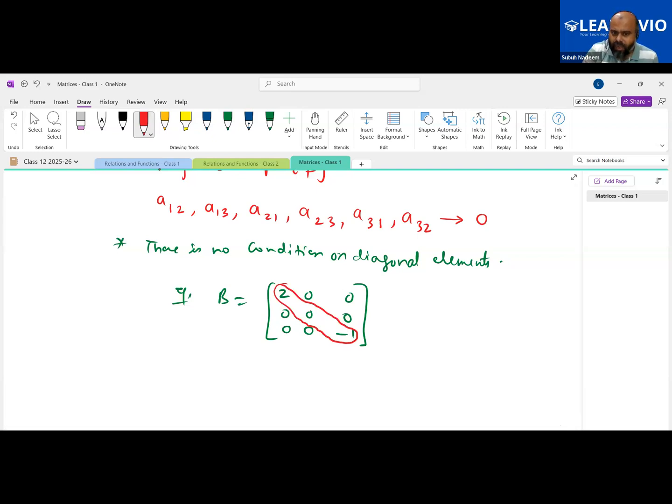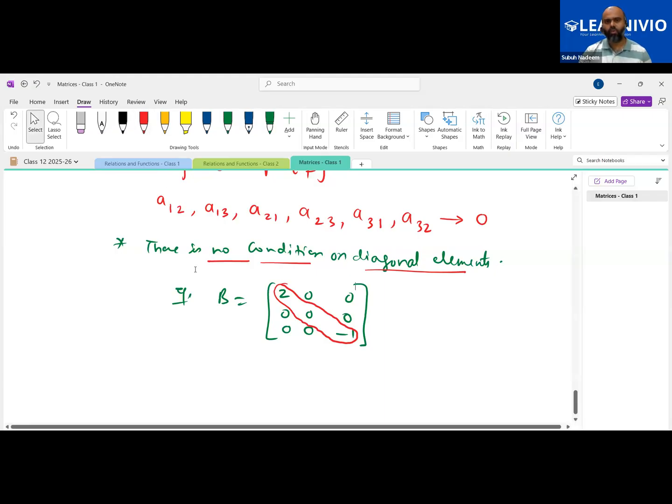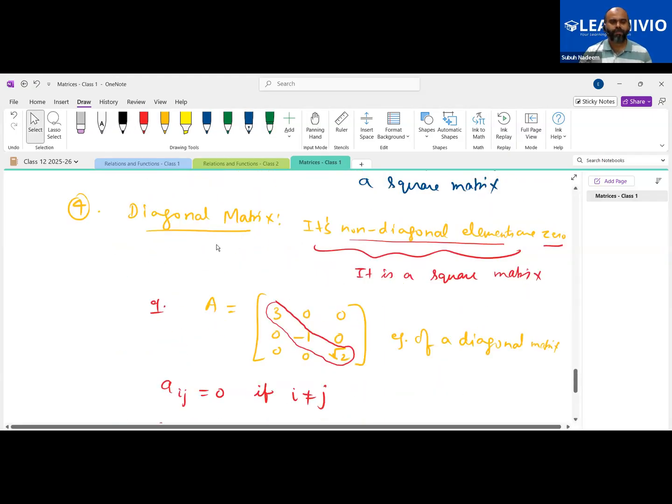Though there is a diagonal element also which is 0, but that is not a problem. There is no condition on diagonal elements that a diagonal element should be 0 or non-zero. The condition is on non-diagonal elements. So non-diagonal elements must be 0. So write this.